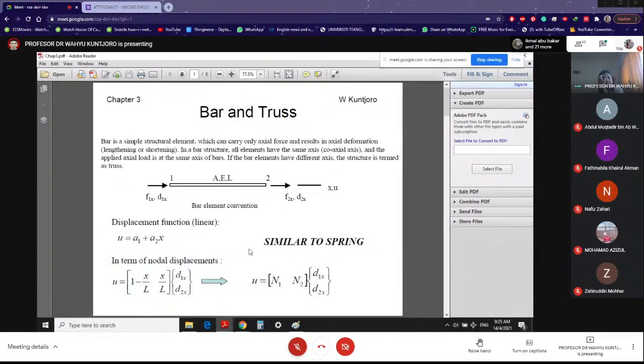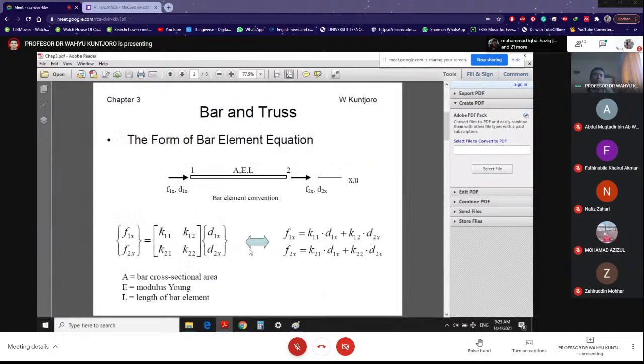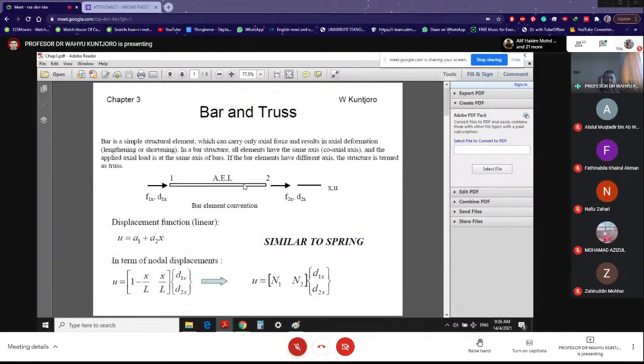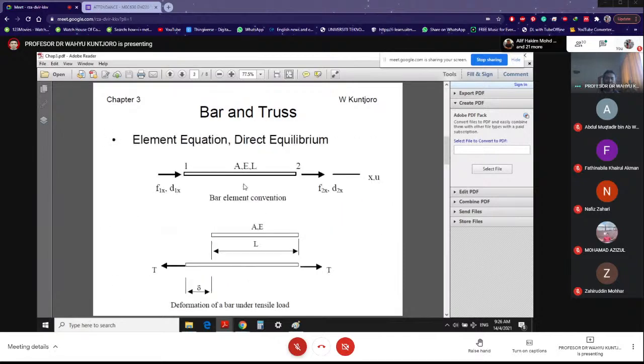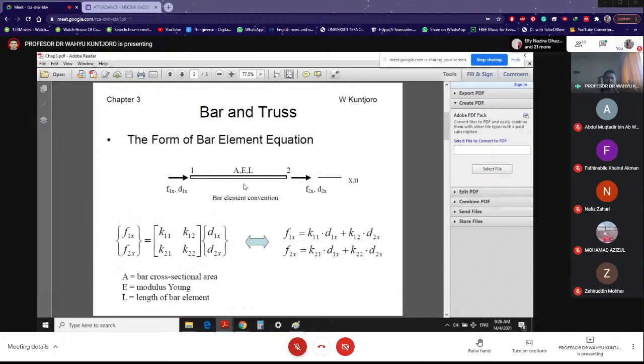So now let's go to bar. Let's look at this bar element number 1. It looks like this. When we talk about bar, we don't talk about spring stiffness.